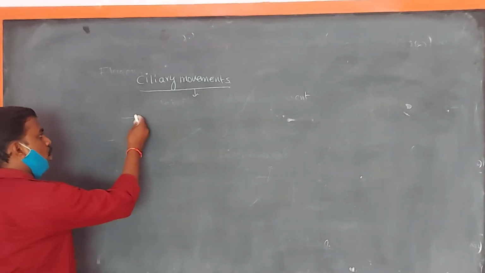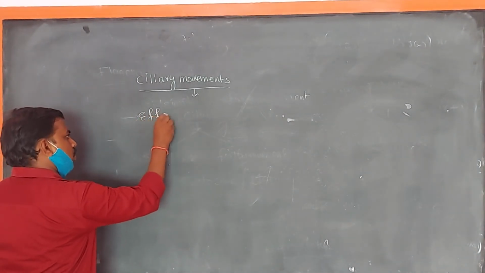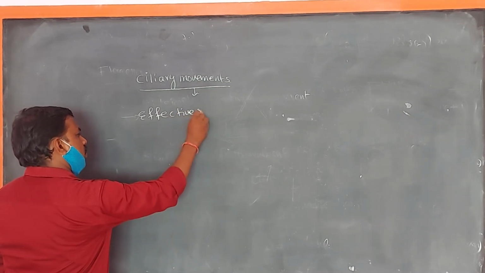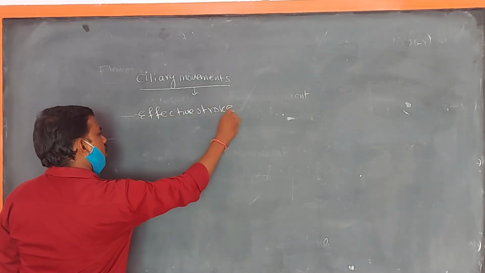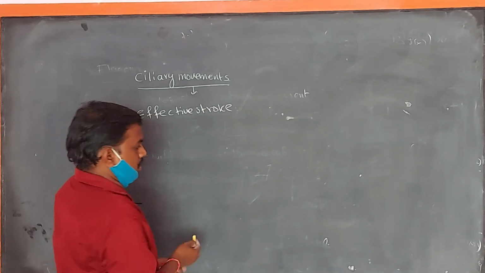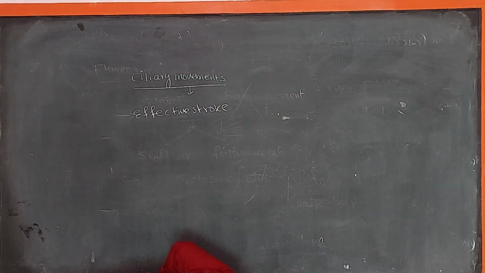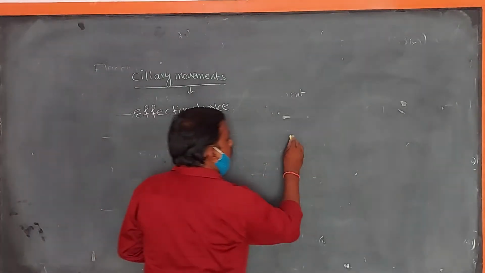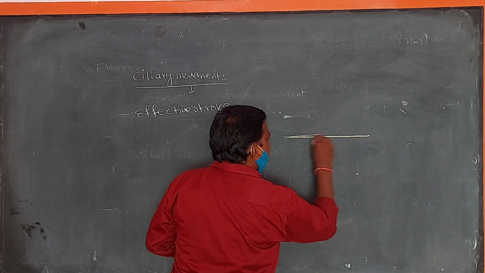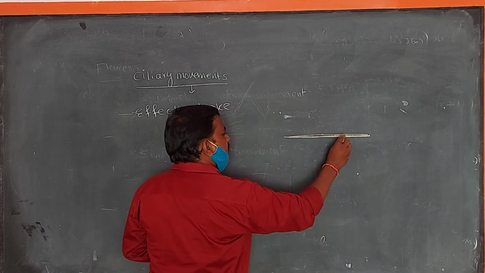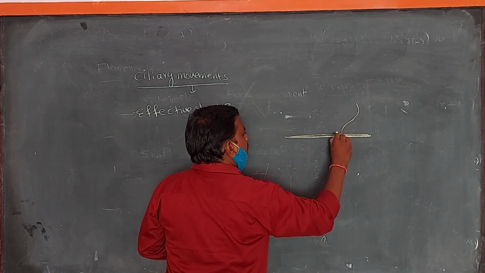In the effective stroke, these are the cilia base and these are the cilia.